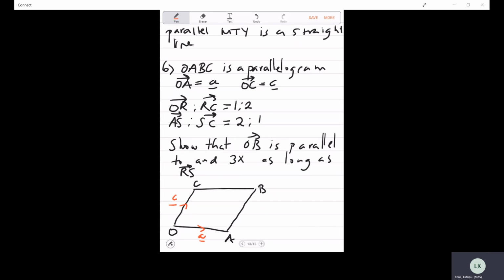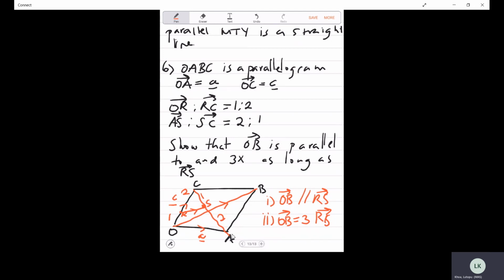Okay, so with the parallel part, that would also be like showing the other one, because we have to show it's a scalar multiple, and that scalar is equal to 3. Okay, so let's just get into it. Now what we should know about a parallelogram is, like I said before, opposite sides are equal and parallel.